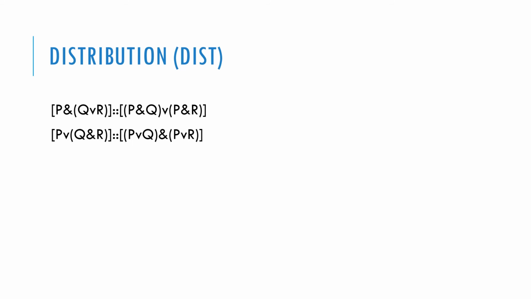Notice how in the top left P is on the outside of the parentheses but inside the brackets, so it's P and one of the 2 elements, Q or R. So we can essentially say, well, it's either got to be P and Q or P and R. We can see that written in the top right. So these are equivalent statements.